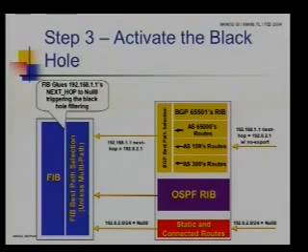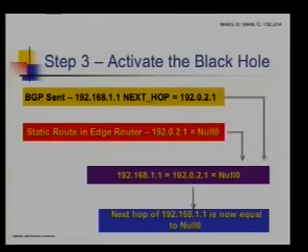And you can see this is how it's going to travel. So BGP, you're setting the route. The next hop's 192.0.2.1. The static route on the edge router is going to put that to null 0, essentially forming the black hole.